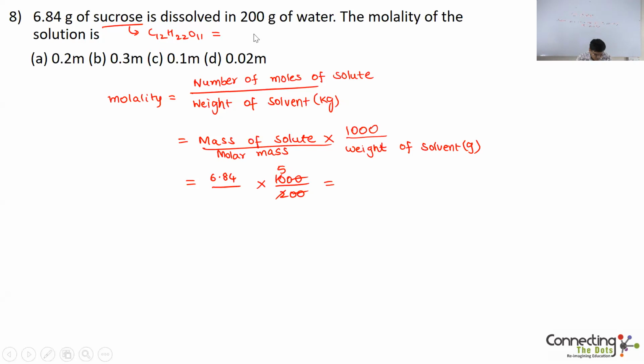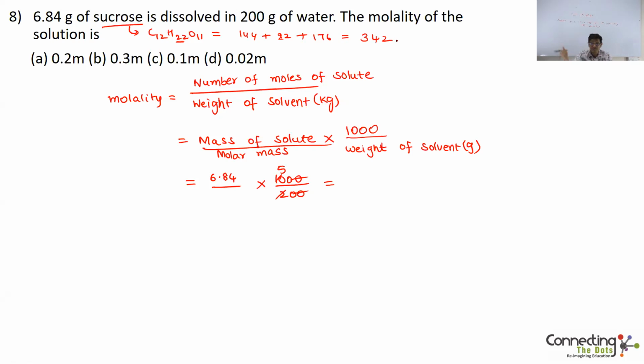So it will be 12 times 12, so 120 plus 24, 144, plus 12 plus 22, right? Because hydrogens are 22, and 11 times 16 is the molar mass of oxygen. 11 times 16, I'm getting 176. So when you add them up, 176 plus 22 plus 144 is equal to 342.